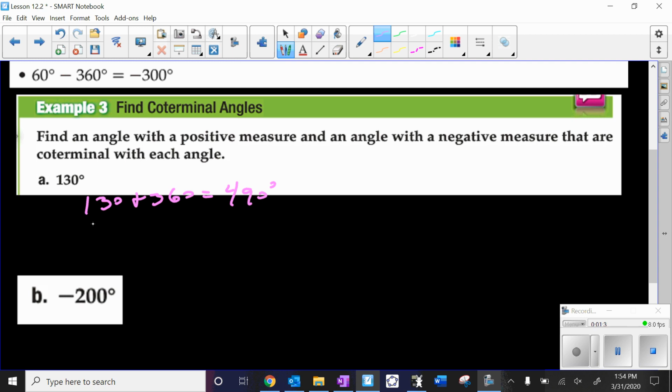And then I want to take 130 and subtract off 360 degrees. And that will get me negative 230 degrees. All three of these angles, 130, 490, and negative 230, are considered coterminal angles.